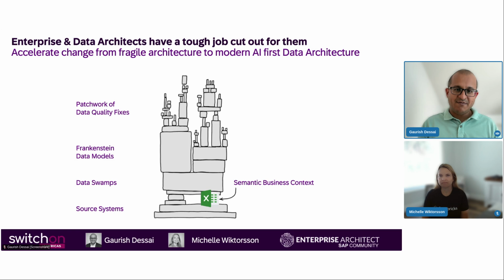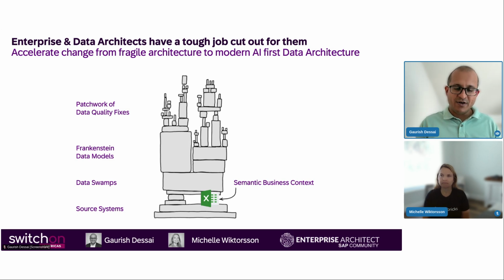So we have seen across organizations that the data architecture they currently rely on has become extremely fragile. What do I mean by that? We have systematically taken all the business context from our source systems and put it in Excel files, right?